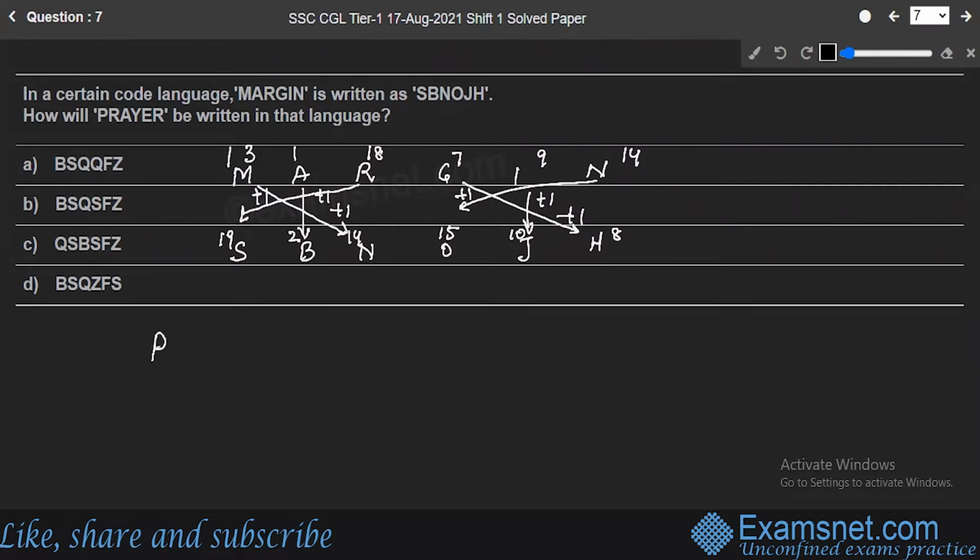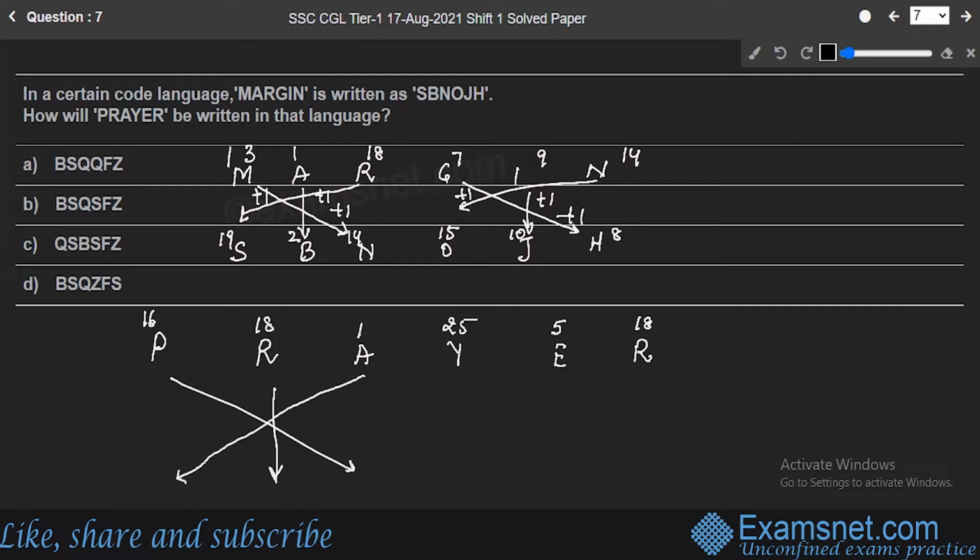So let's go with the word prayer. Let's write down the alphabetical place values of all these alphabets. P is at 16, R is at 18, A is at 1, Y is at 25, E is at 5, and R is at 18. So they are having plus 1, plus 1, plus 1.